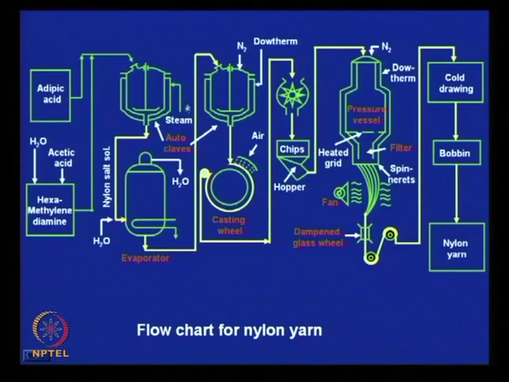Most important thing is this one, the main reactor, where this salt gets melted, and it is maintained at high temperature, gradually above 250-60 degrees Celsius, and this is a stirrer, this is the reactor, and this is the jacket.